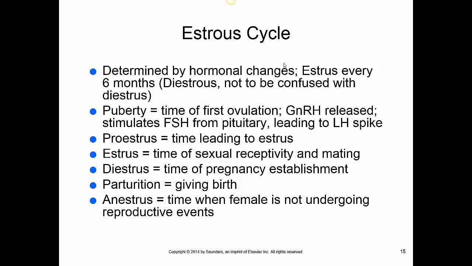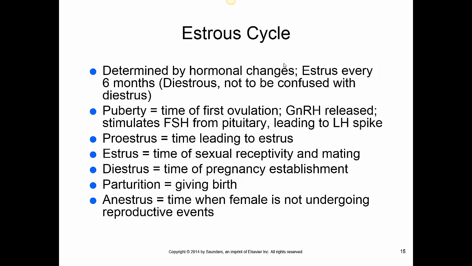If they don't get bred, diestrus is when we see very high rates, very large chances of them getting pyometra, because if any bacteria gets in, it's going to sail off during diestrus. The female dog is automatically going to go into a state of feeling like she's pregnant even though she's not.